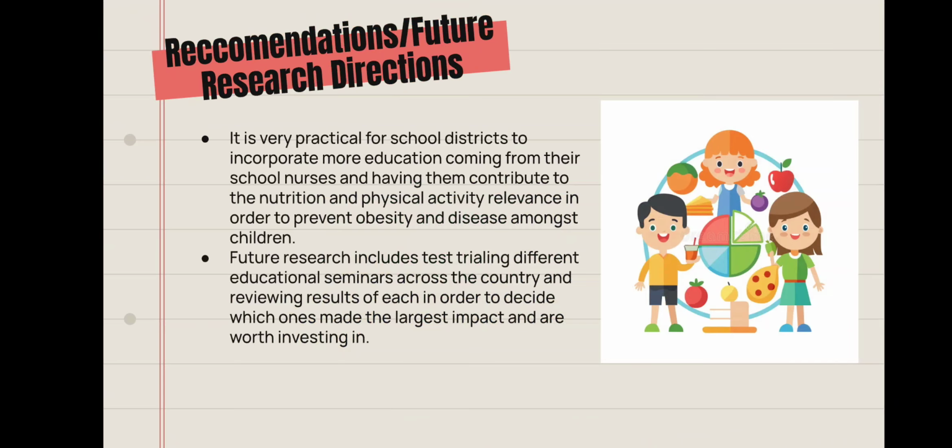Future research project expansion includes test trialing these seminars across the country of the United States and comparing results. There would need to be a lot of funding in order to have the nurses and resources available to accomplish this, but if the nation prioritizes this, then it is able to be accomplished. This also involves a team effort from families, teachers, and public health nurses, as well as physical education instructors.